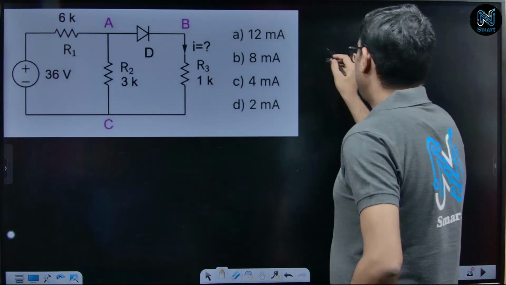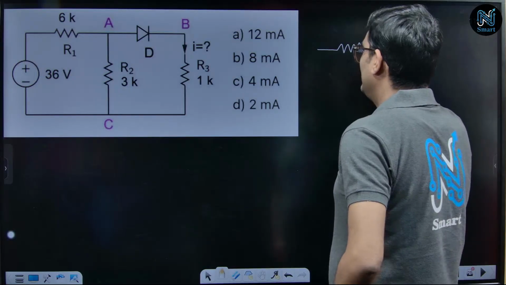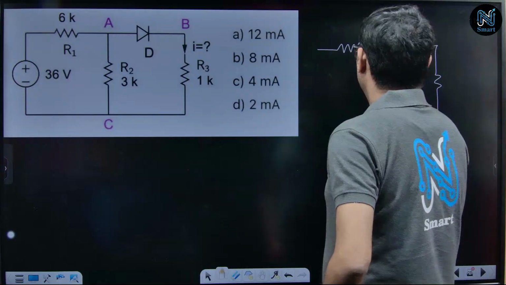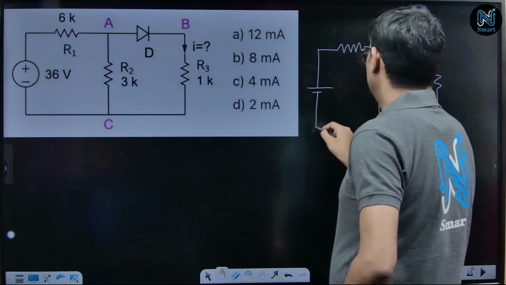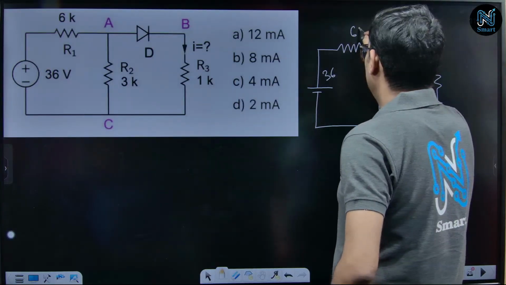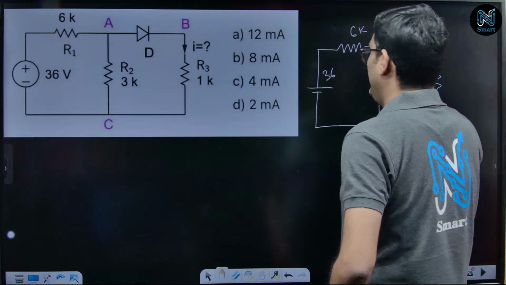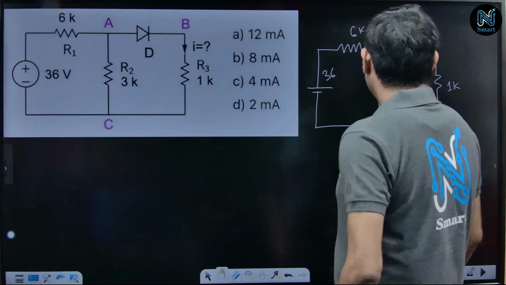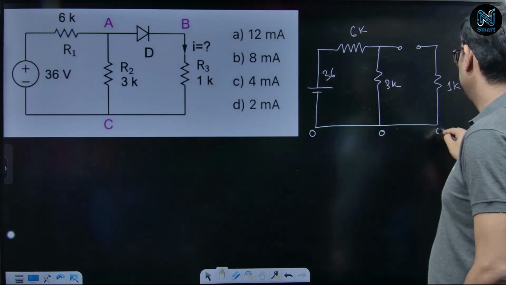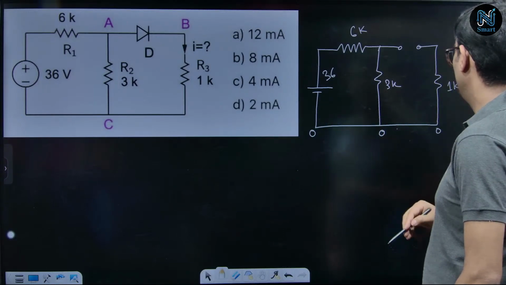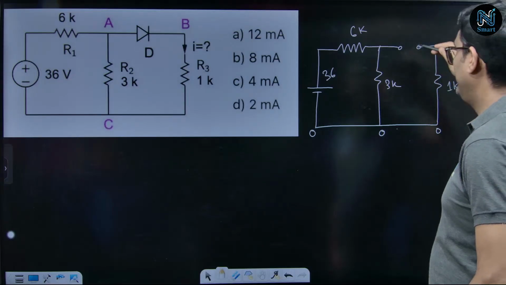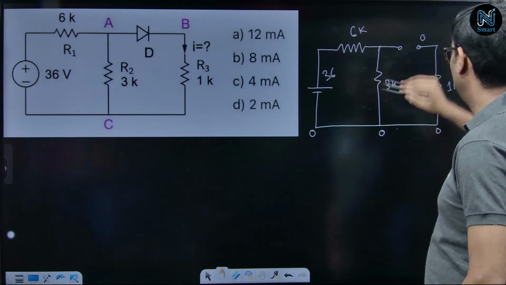Let us check. I will open circuit this diode once to check. I have made it an open circuit, so here 36 volt is acting, this resistance is 6 kilo ohm, this is 3 kilo ohm and this is 1 kilo ohm. You can see that if I consider this node to be 0, everywhere it is 0 volt, and this 1 kilo ohm is not carrying any current because there is an open circuit here, so this is also 0 volt.